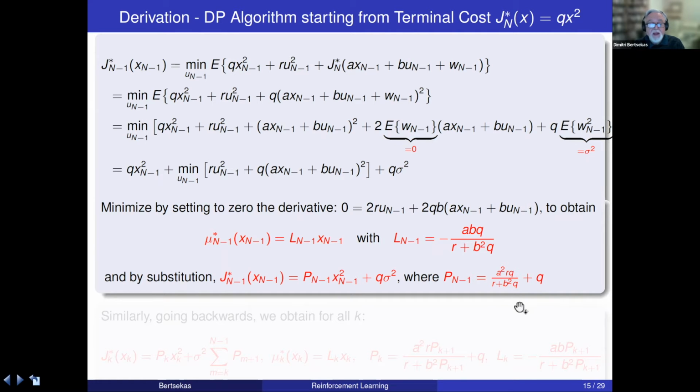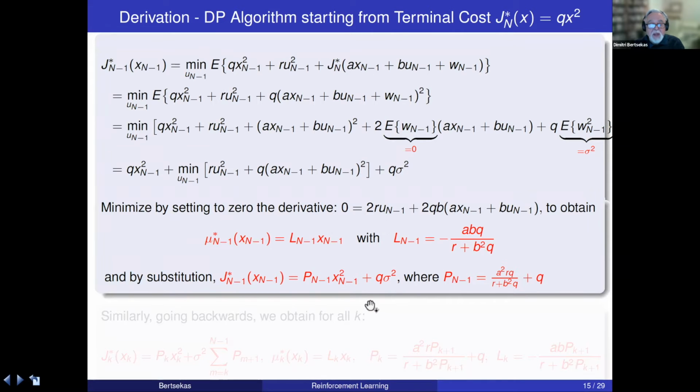Why is that? Because we have obtained a quadratic cost to go at stage n-1, which has a similar form to this quadratic that we used in this calculation. There's also a constant term here, but it doesn't matter in the minimization. It just drops out of the minimization and does not bother us.